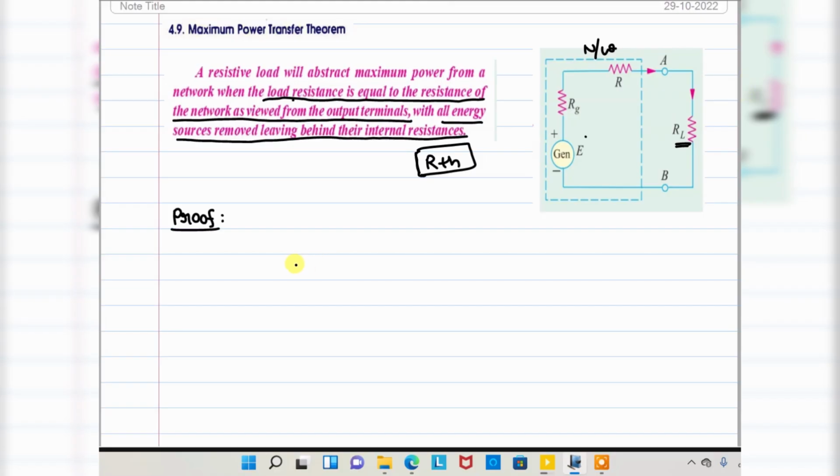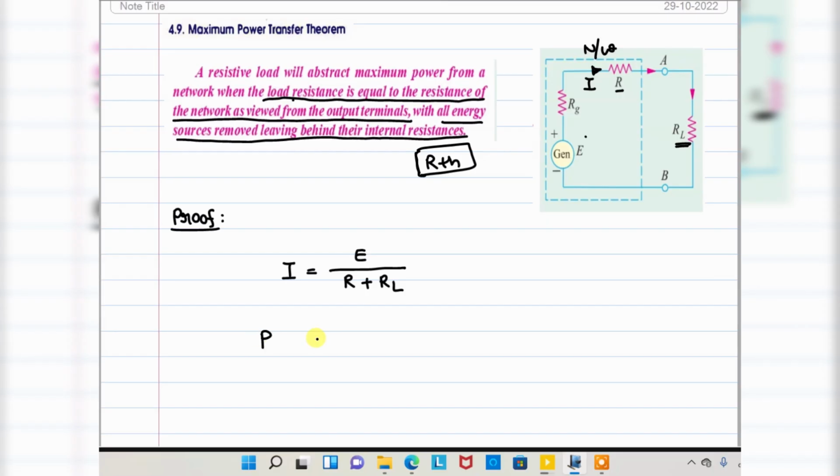First, the current flowing through this circuit is I equals E divided by R plus RL, since these are connected in series. Here I am neglecting the internal resistance and taking only R and RL in series.